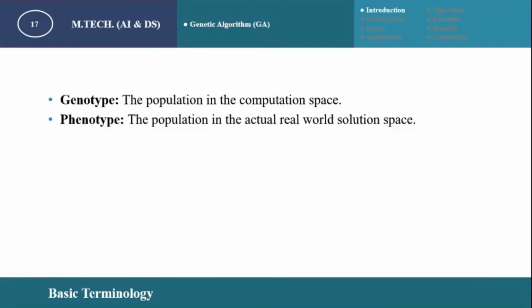In that case, the genotype is 1, 2, 3, 4, 5, whatever, any permutation. Any permutation is a genotype, a candidate solution. So all those solutions together form the genotype, and each genotype has a different meaning in the case of phenotype.